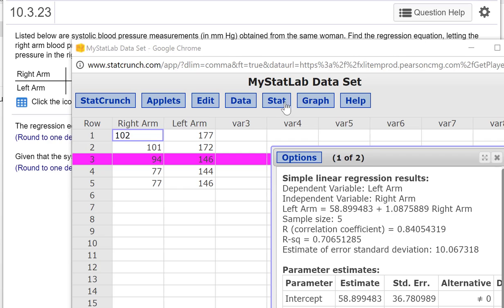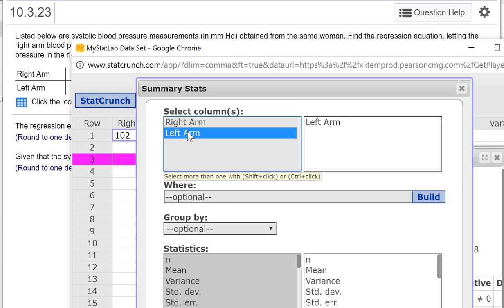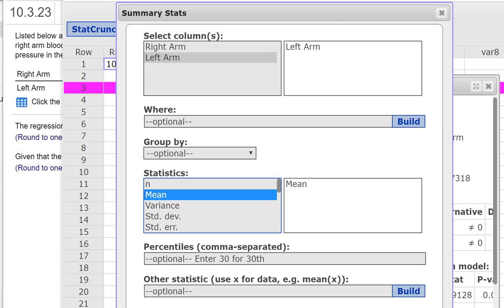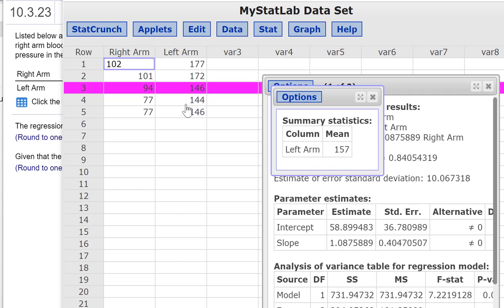So I'm just going to go to Stat, Summary Stats, Columns, and I'm just going to find the mean. Really, that's the only thing I need. And the mean is 157. So the mean of the left arm, 157.